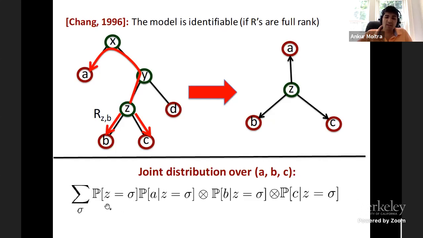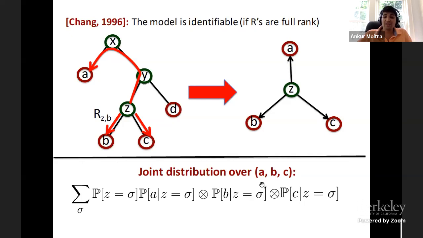I multiply by the probability that Z is assigned to that symbol in the alphabet. And then I look at a vector right here, which is the conditional distribution of the symbol that's assigned to A, conditioned on Z being assigned to the symbol sigma. So if my entire alphabet is of size k, there are k different possibilities, then this vector of probabilities is a length k vector. And the important thing is that A is conditionally independent of B and C.